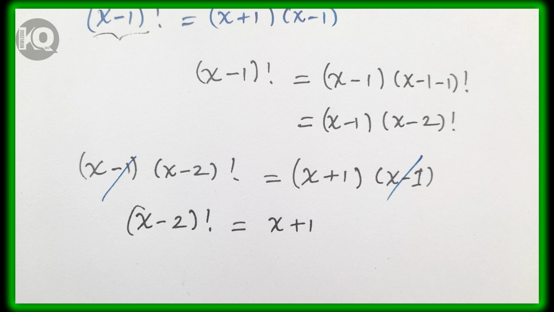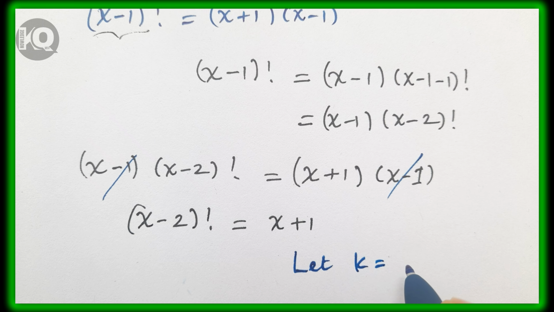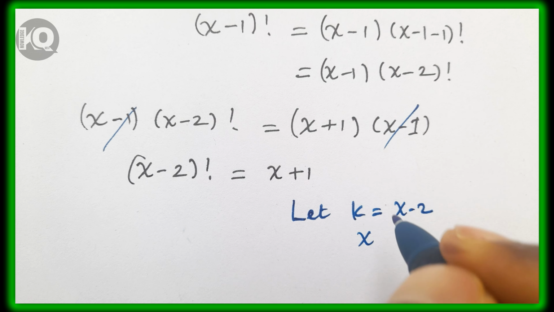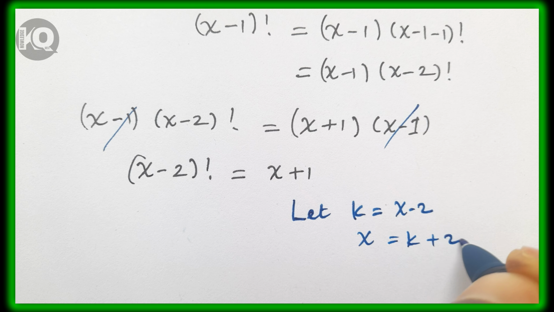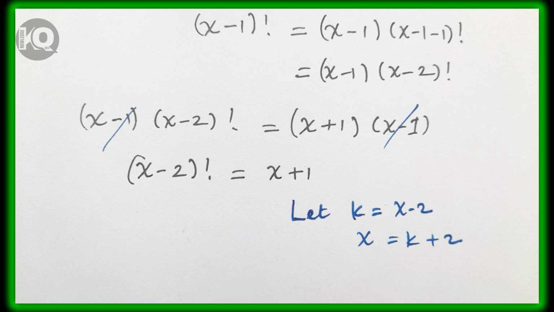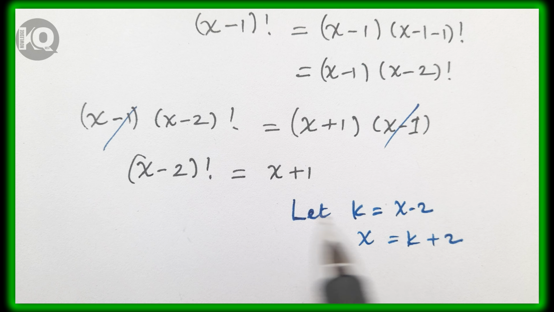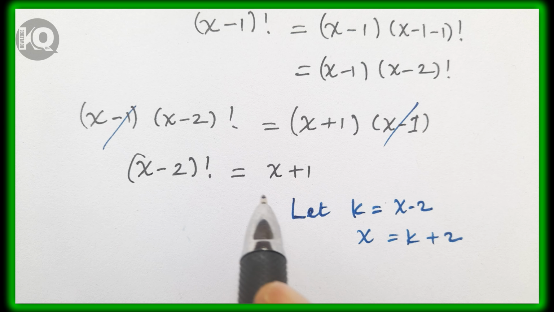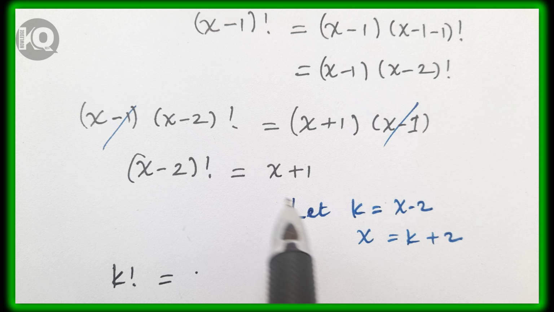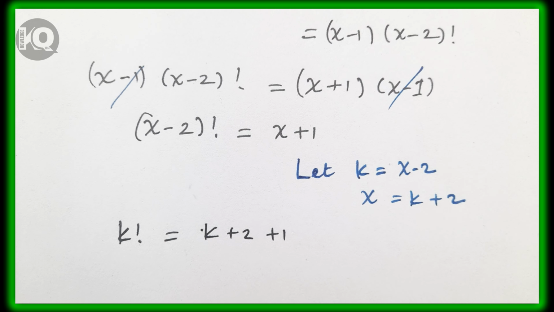So let's use substitution. Let k equal x minus 2, so from here x will be k plus 2. Substituting into this equation, x minus 2 factorial means k factorial, which is equal to k plus 2 plus 1.